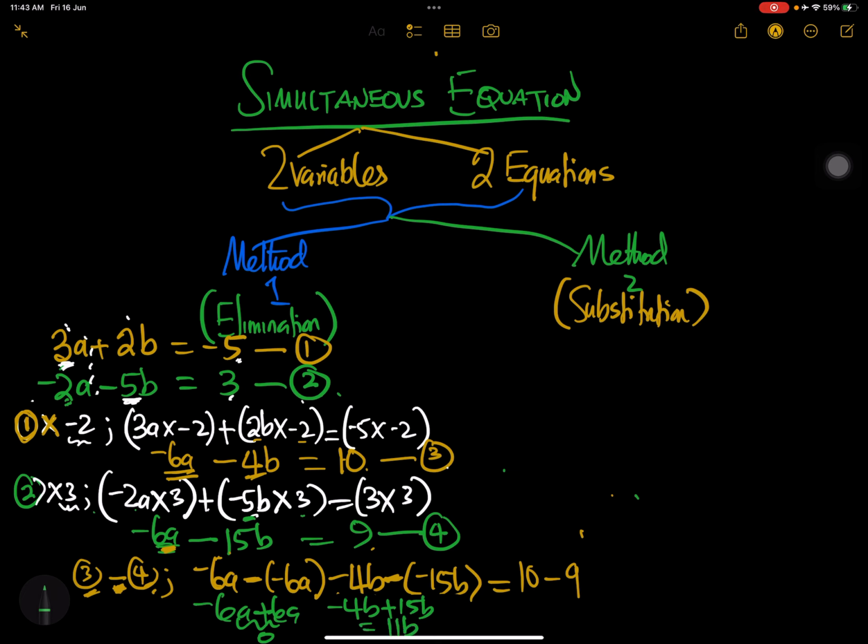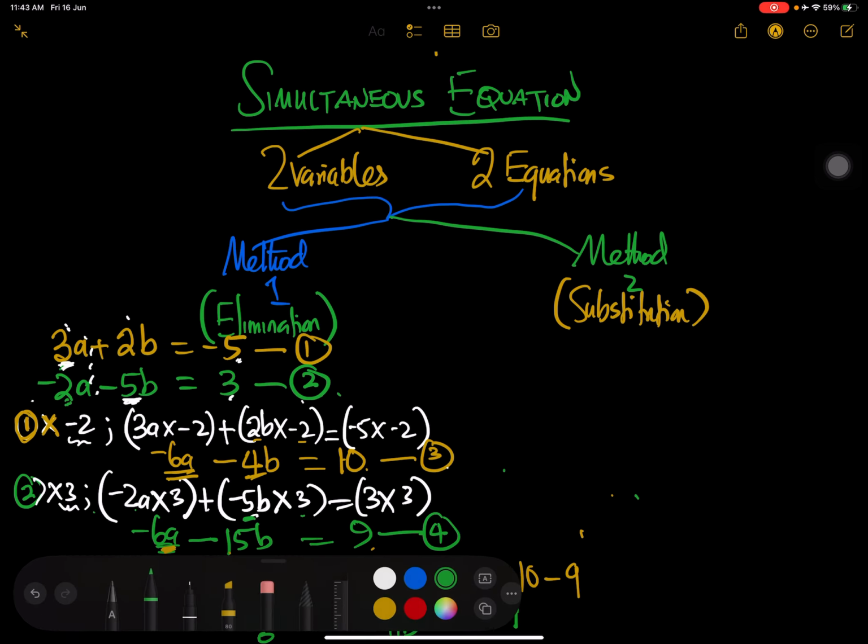11b, positive 11b, because the plus 15b is the dollars that you have in your wallet, and then you are using it to pay a debt of 4. Once you pay that debt of 4, the person needs to give you a change, and the change is 11b, and that change is positive because it's yours. It's going to give us 1.